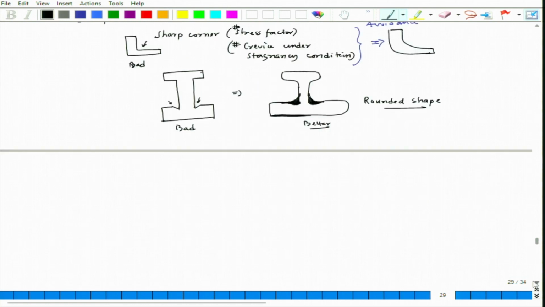Now, there could be a possibility of avoidance of vibration, avoidance of fatigue failure, in fact corrosion fatigue. So, let us say we have a long pipe component suspended against another pipe component. So, let us say this is my joint.